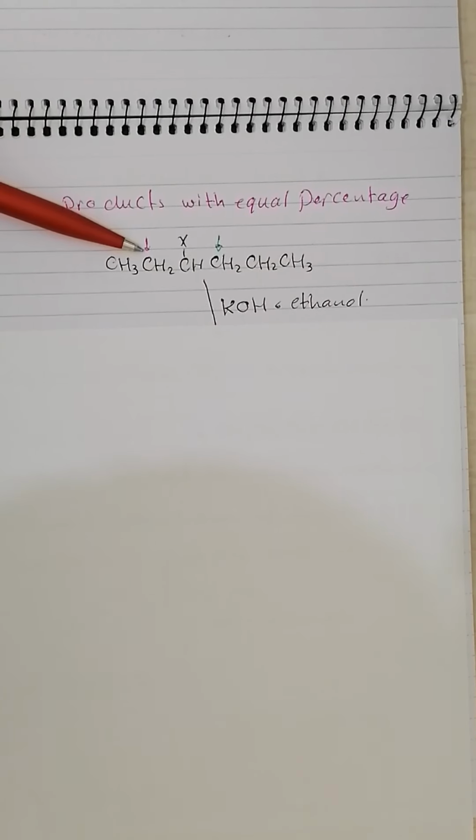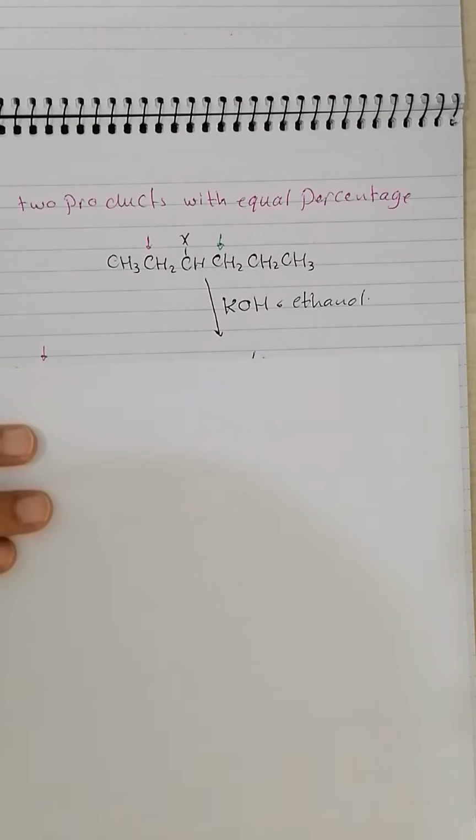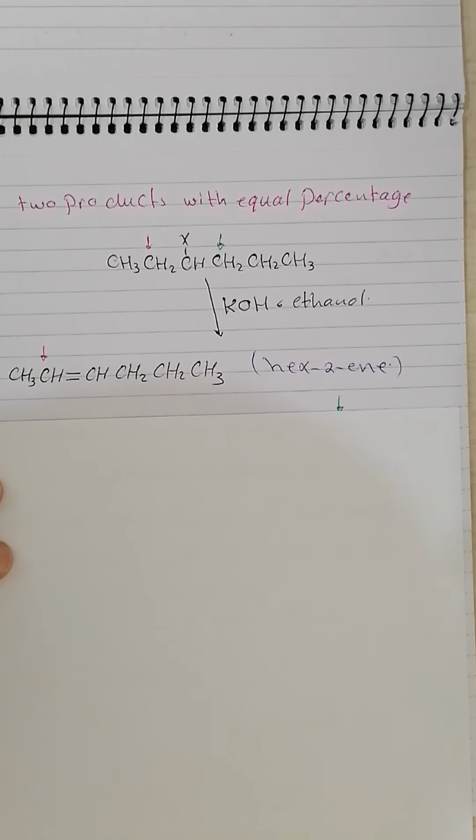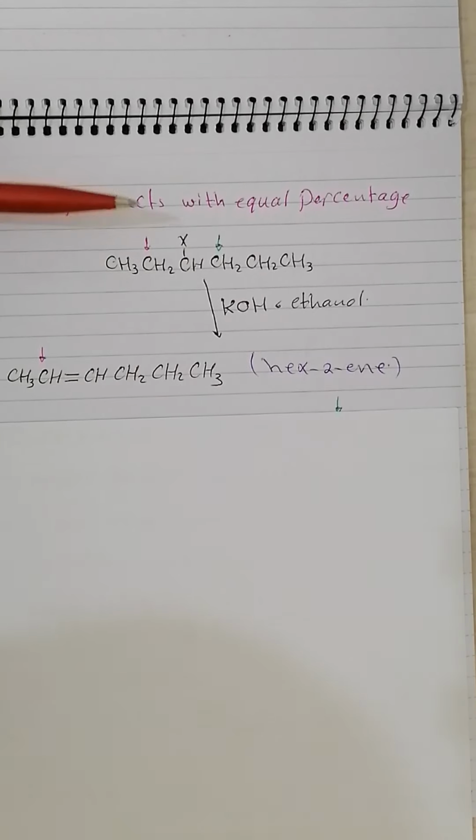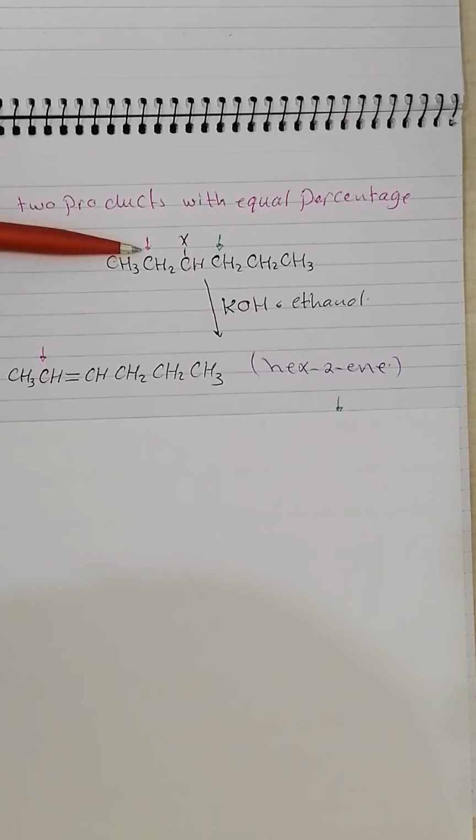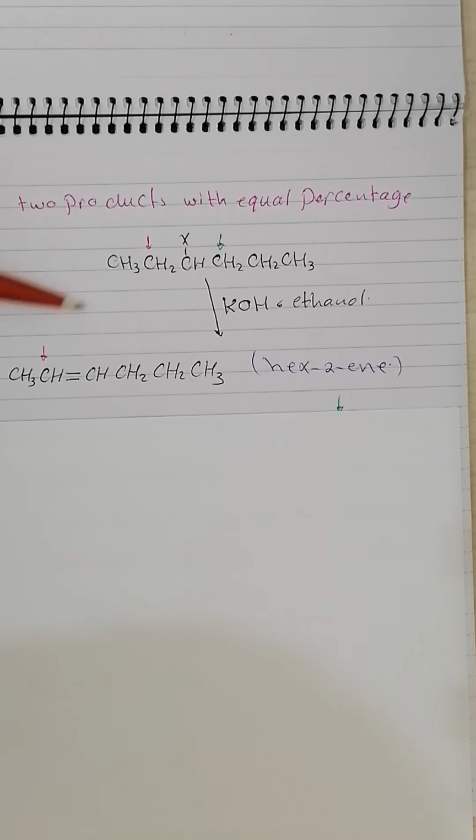We will remove the hydrogen from this carbon with X from this carbon, or the hydrogen from this carbon with X from this carbon. Let's see the products. If we remove the hydrogen from this carbon at the left side, I label the products with the same color as the reactant.